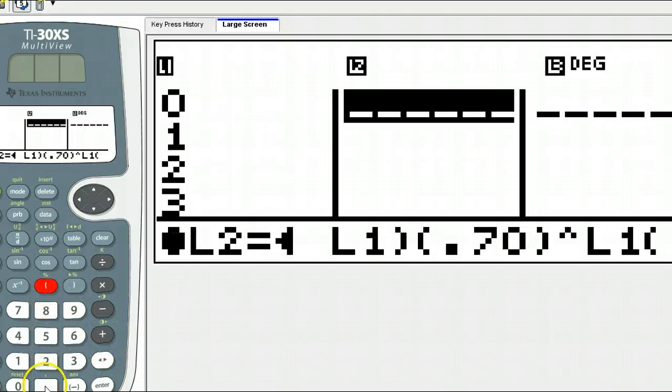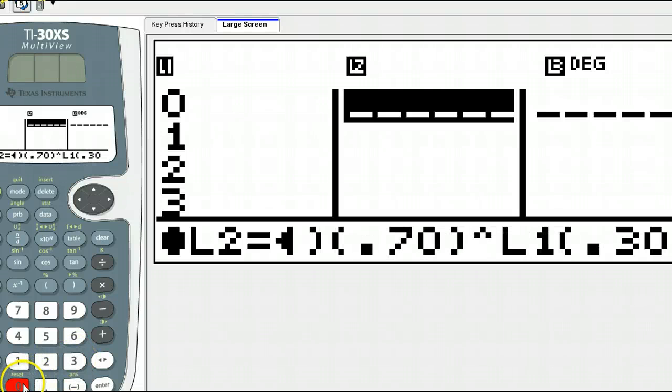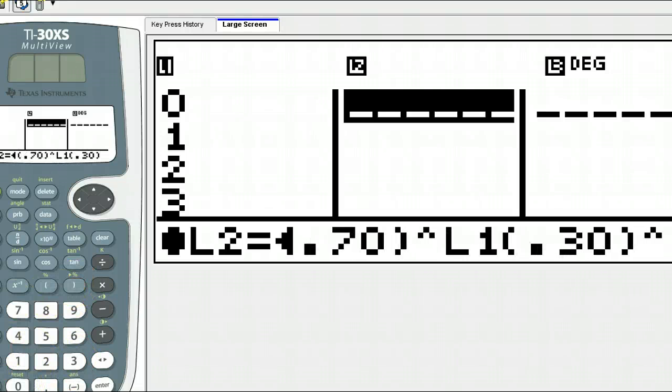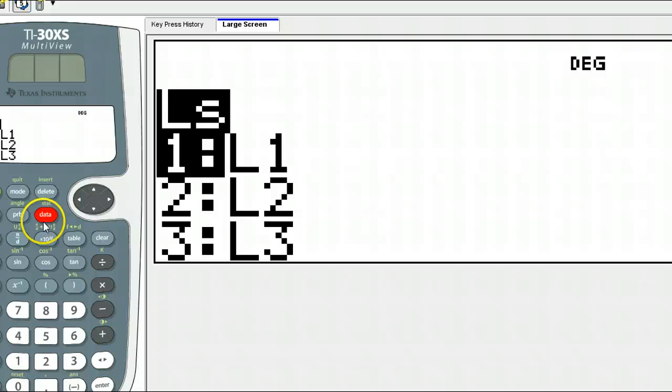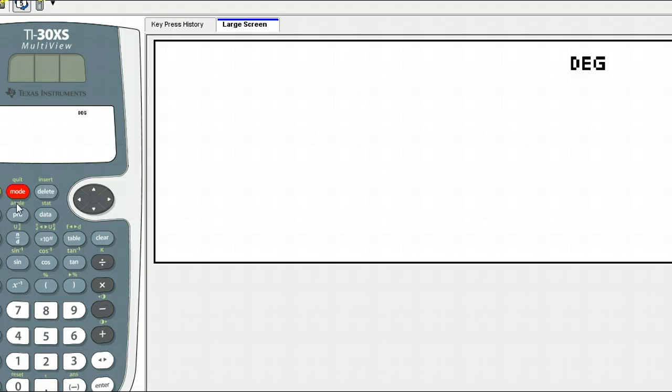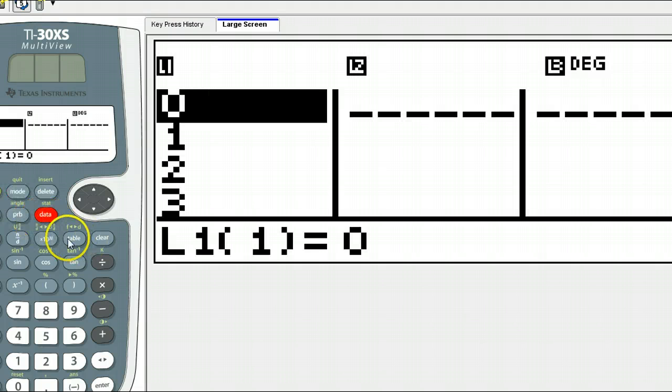Okay, and then we'll do the probability of failure, and then the power will be the number of failures. Now the number of failures will be, hold on, messed up a little.